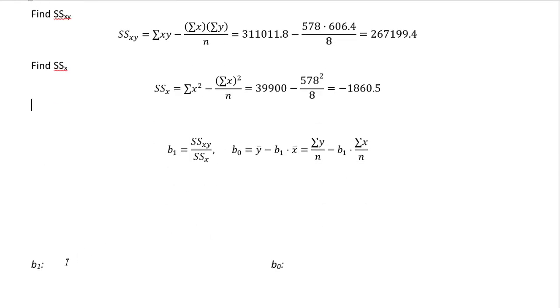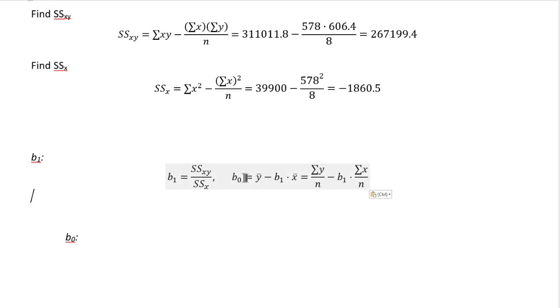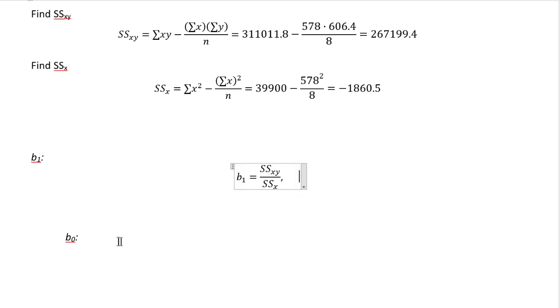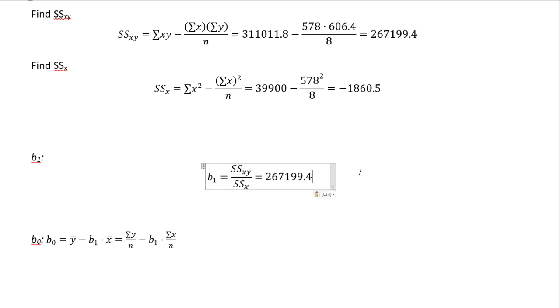Now you have to find B1. So we have a formula for B1 and a formula for B0. Let's do one by one. Now we have computed these two values, so apparently all you have to do is just divide the two.